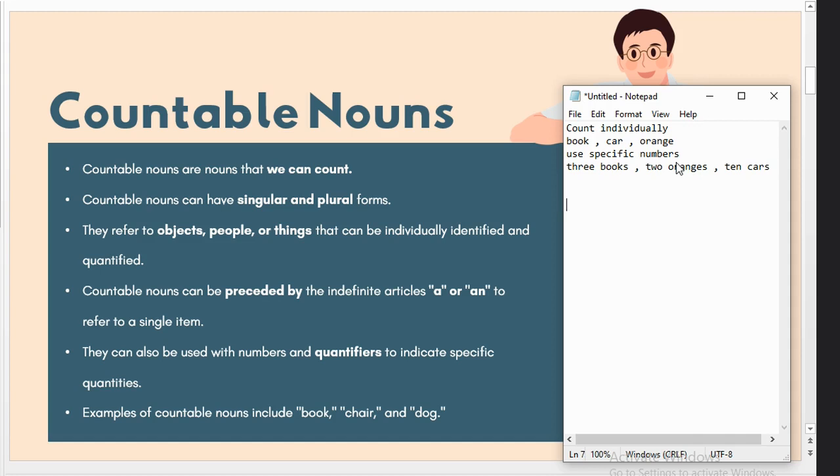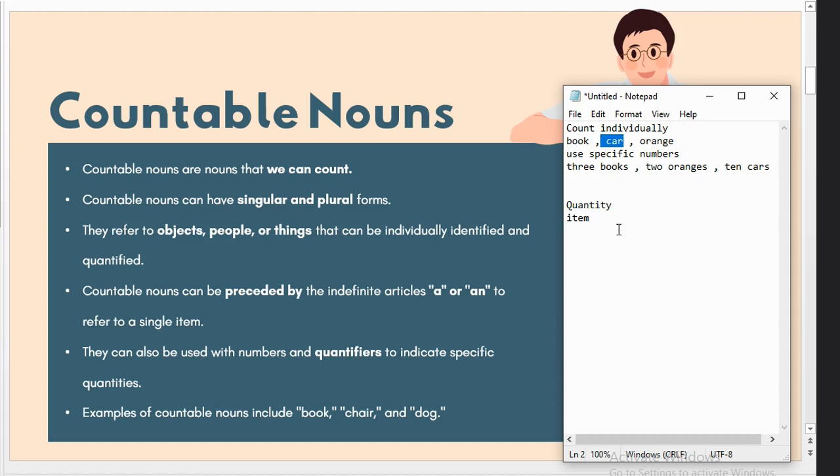So we can use specific numbers to detect countable nouns, and it's referred to quantity and item. Quantity means that we can use numbers like 3, 2, 10. We can use this in countable nouns, and item means individual things which we can count easily.